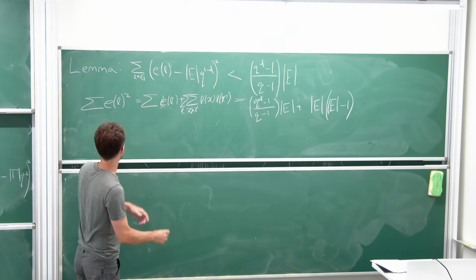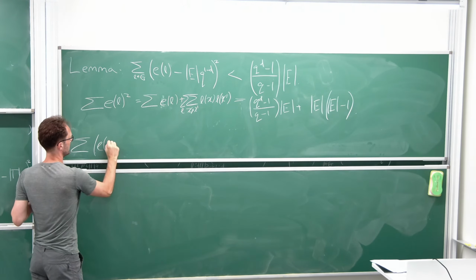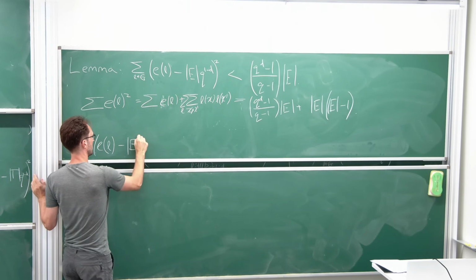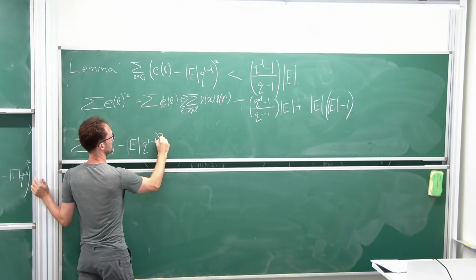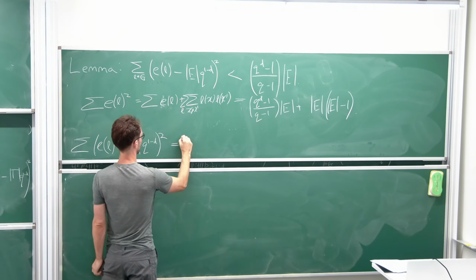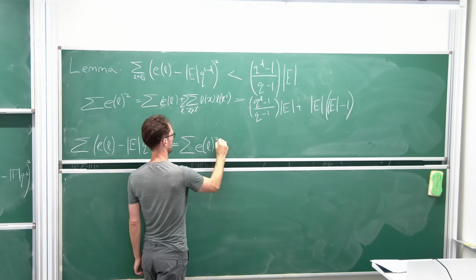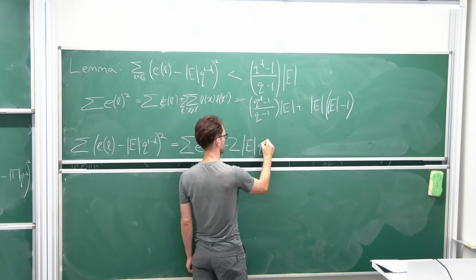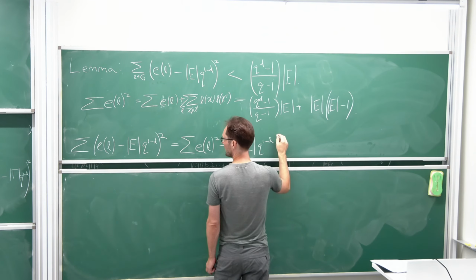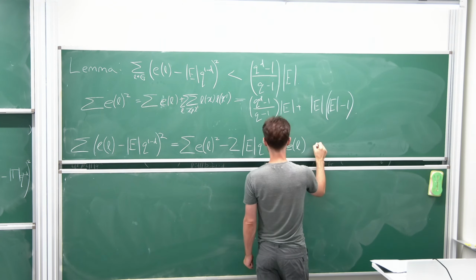Now we expand this bracket. So now we have the sum of E of L minus cardinality E divided by q to the d minus 1, squared, is equal to the sum of E of L squared minus 2 times E divided by q to the d minus 1 times the sum of E of L, plus G times E squared times q to the 2 minus 2d.